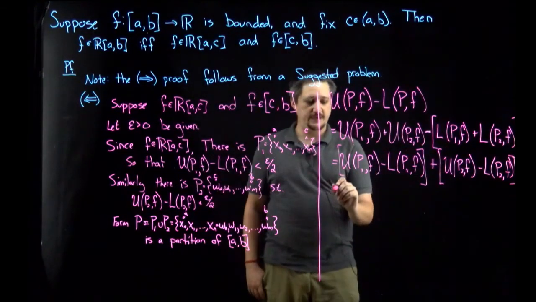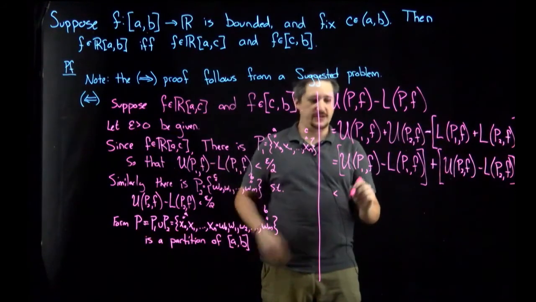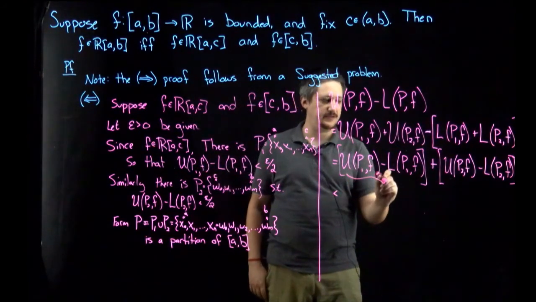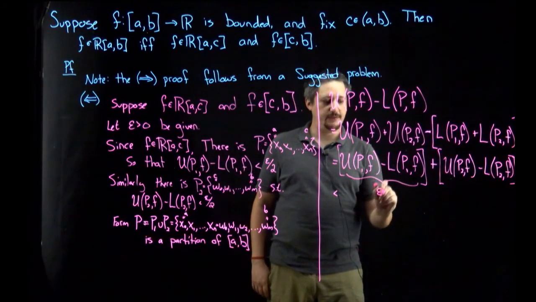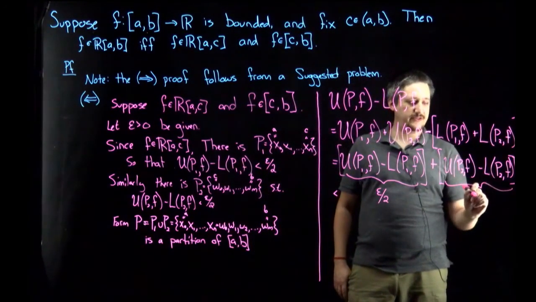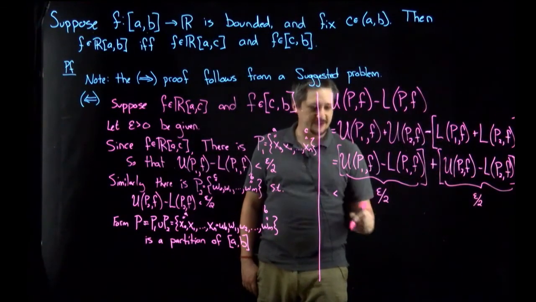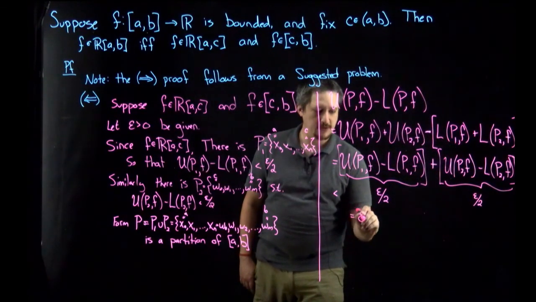So this piece, now I have less than, right? I'm going to replace this thing with the epsilon over 2. So this piece is less than epsilon over 2. This piece also less than epsilon over 2, which means that sum is obviously equal to epsilon.